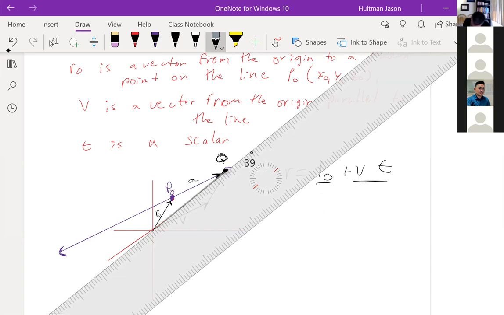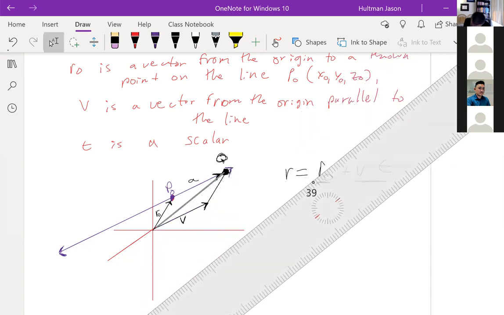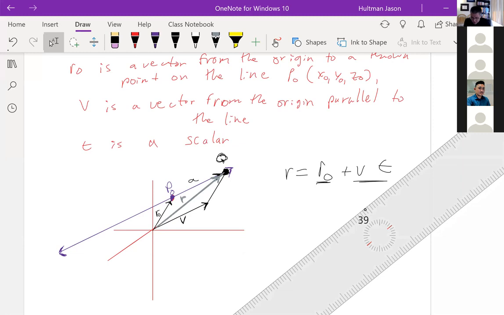Here's the resultant vector. And what is this? This is R, that's vector R for that one point. Right?